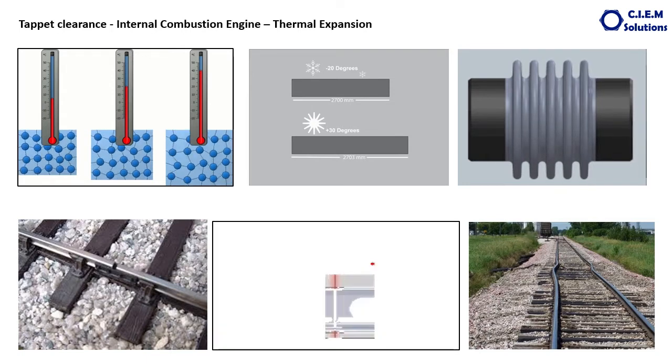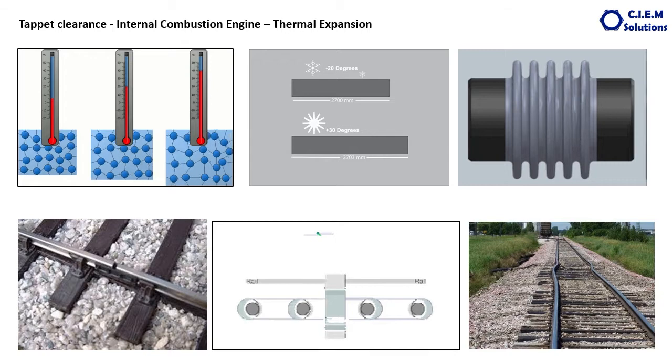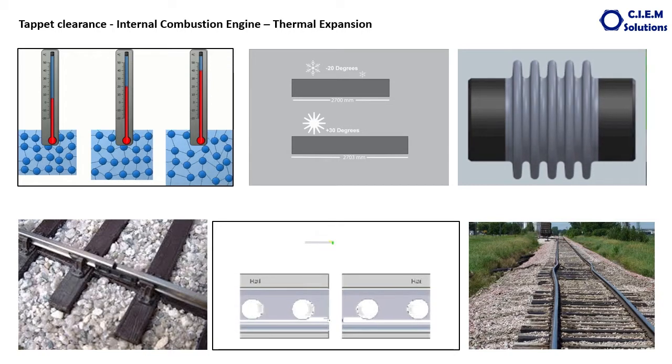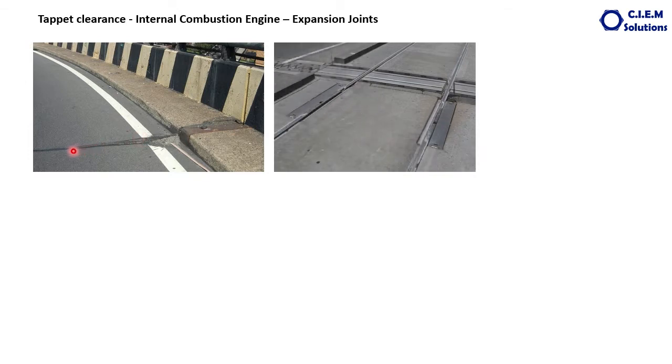This is how metal behaves with the change in temperature. Let us look at some more expansion joints. This is an expansion joint on the flyover. In between, they embedded some kind of cushioning material. This is also a kind of expansion joint here and here and here.